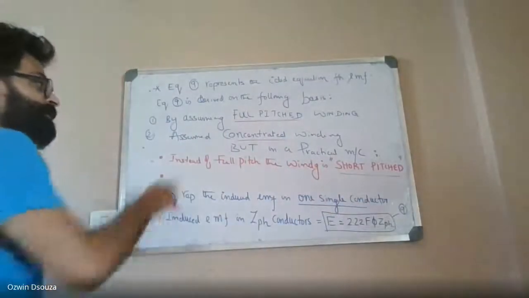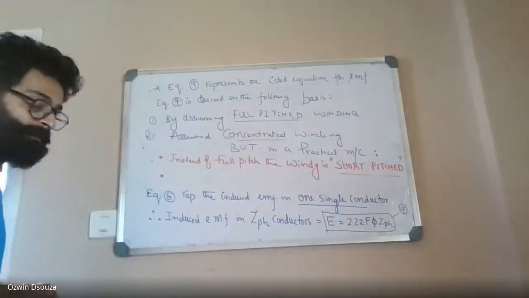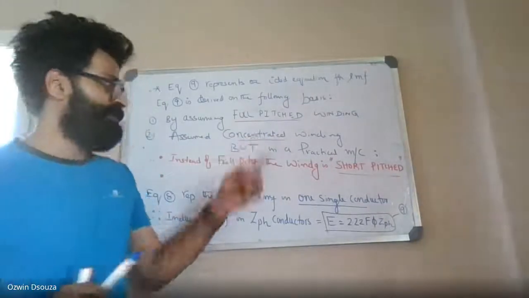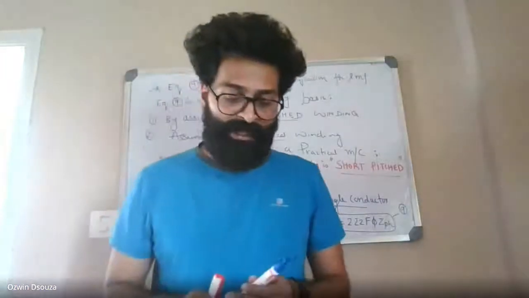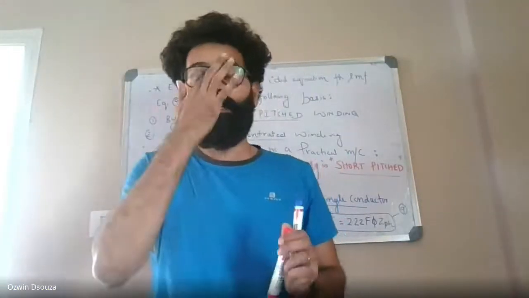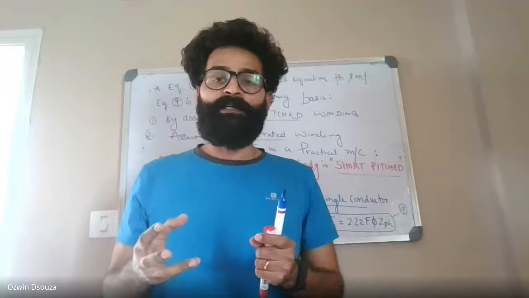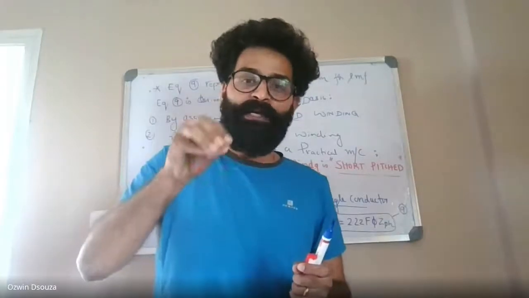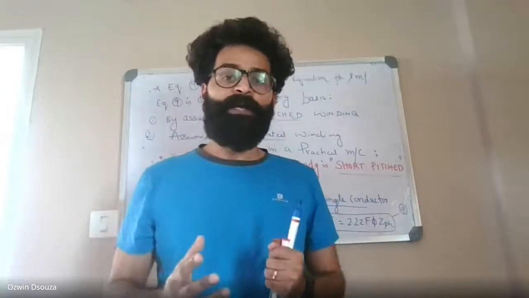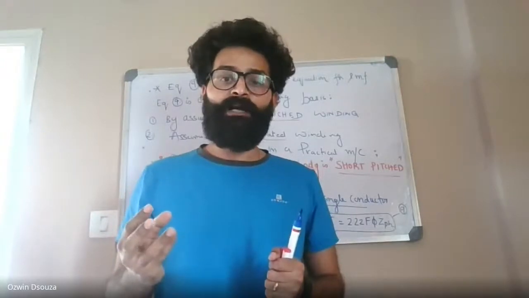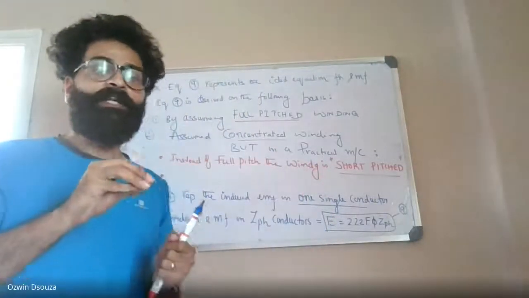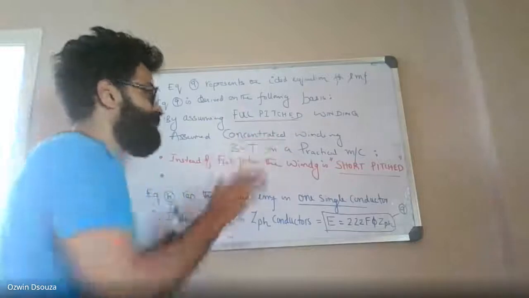Then instead of concentrated winding, this I will explain first. Concentrated winding in the sense, what we are assuming is that all Z phase conductors are concentrated in one particular slot. That is called concentrated winding.